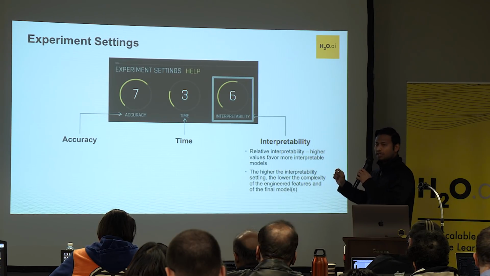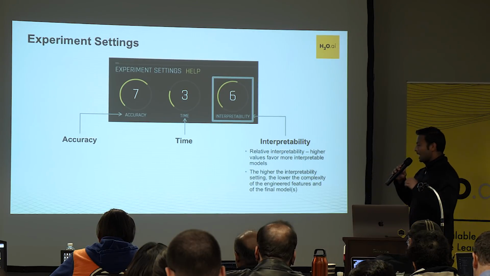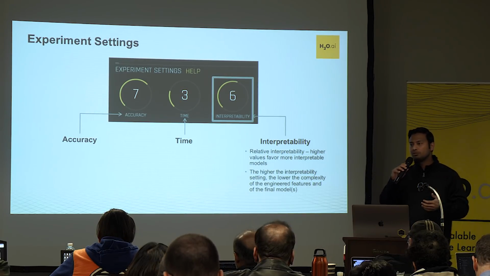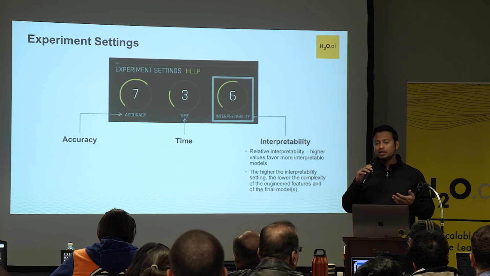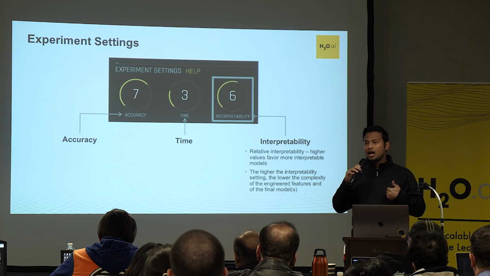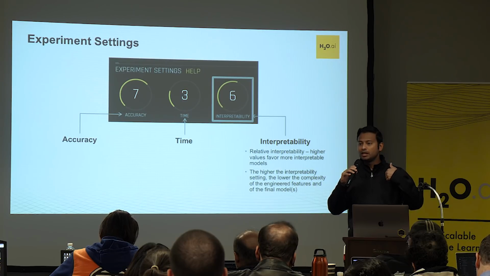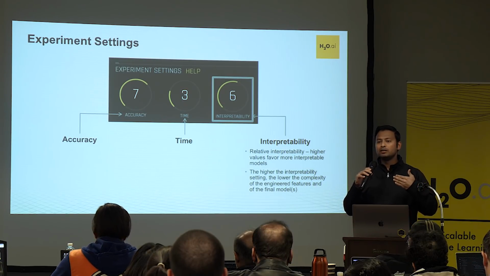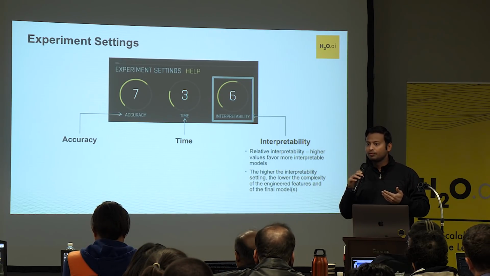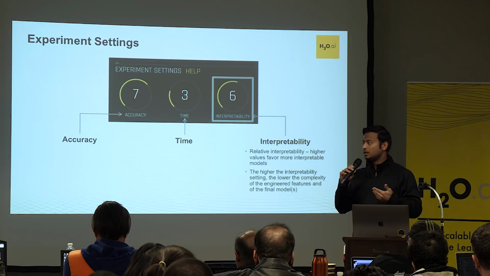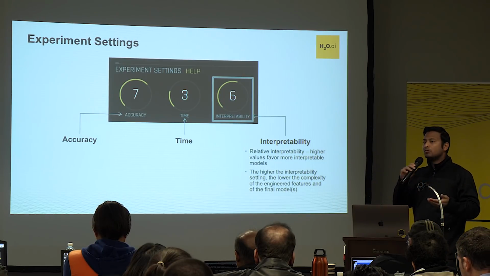The third is the interpretability aspect, which is, as we're building the model, how much of a black box do we want to keep the model? There's a lot going on behind this, like how do we capture it? Does it mean that we build features which are so obscure and hidden that we're not able to even explain it? That's a possibility, right? And what kind of model gets used?